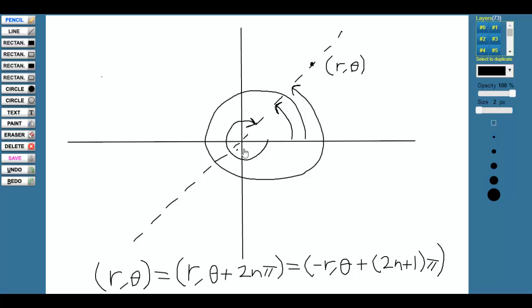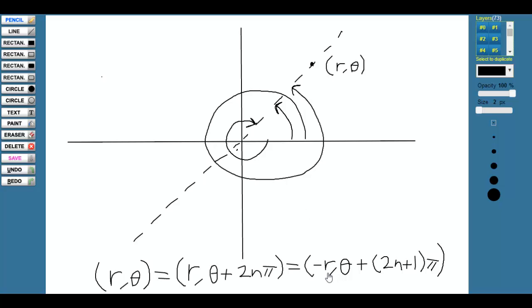So the rule is that the point (r, theta) would be the same as (r, theta plus 2n pi), n being an integer, which basically says that no matter how many times you go around, you get the same angle as theta.